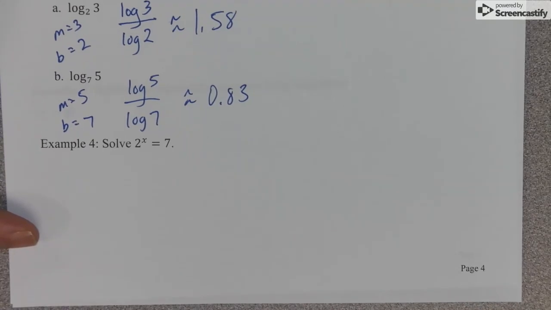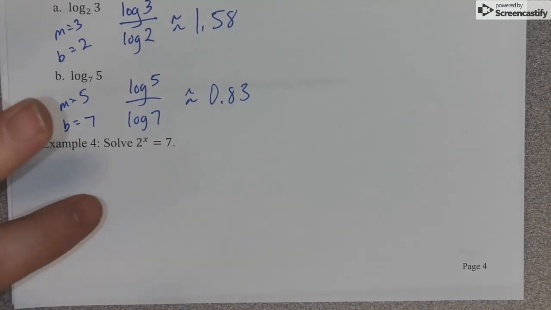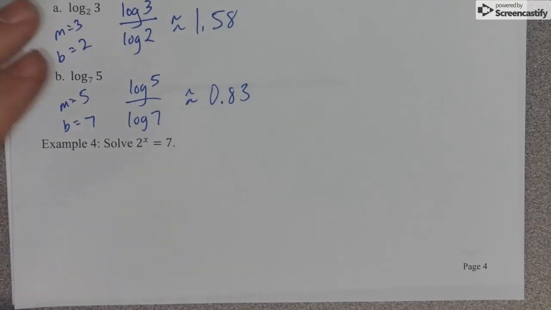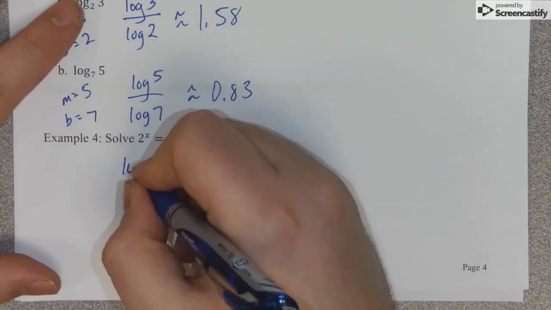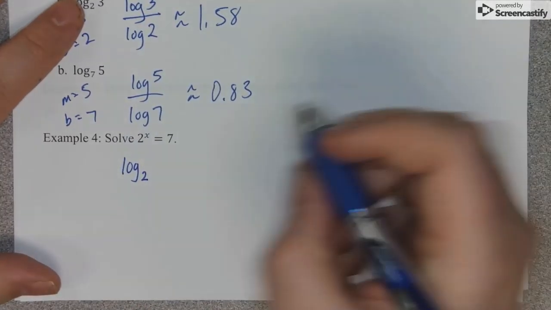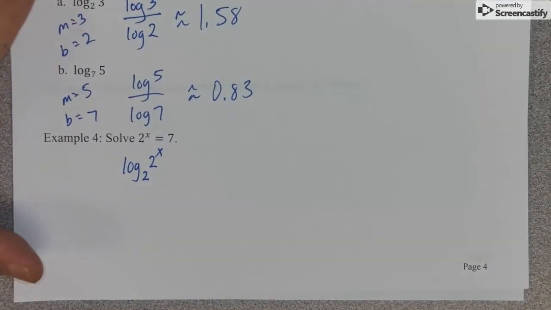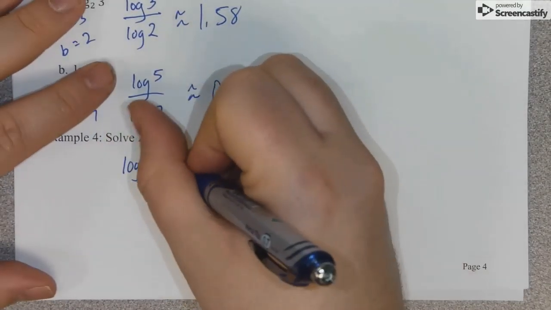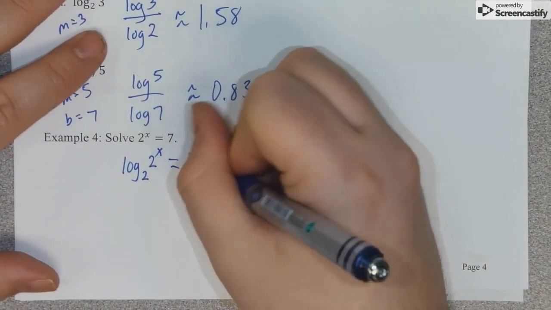Example 4, solve 2 to the power of x equals 7. So to get rid of this 2 to the power of x, again, here's some more solving. You take the log with base 2. So log base 2 of 2 to the x equals, if I use log base 2 on this side, I have to take a log base 2 on the other side.